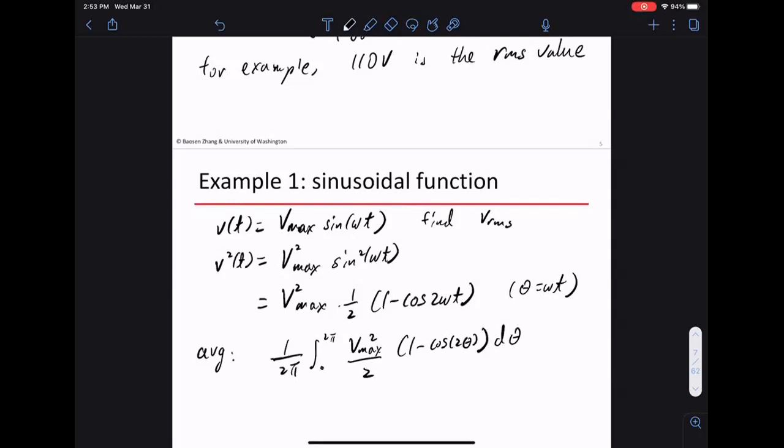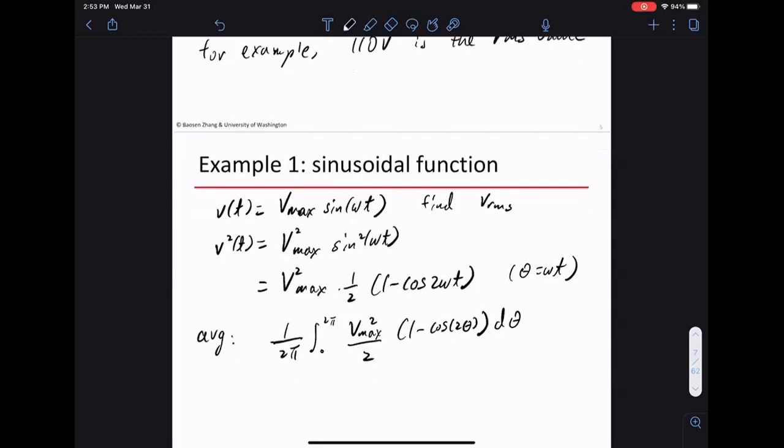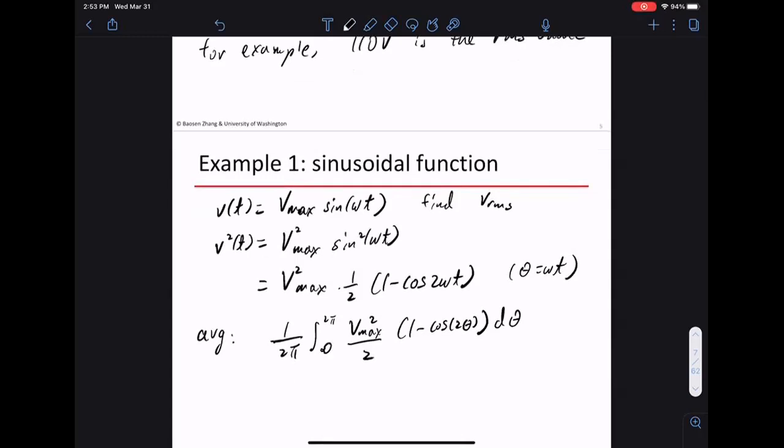You can integrate this out, and in the end we get V max squared over 2.